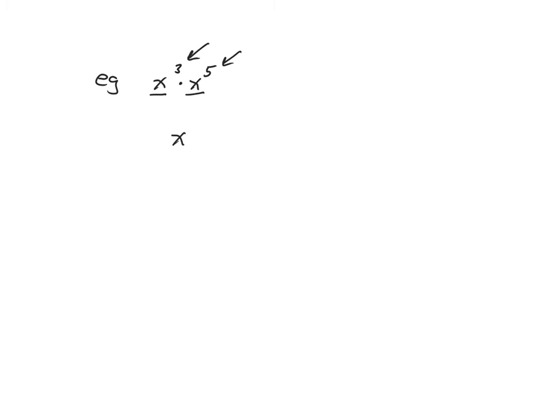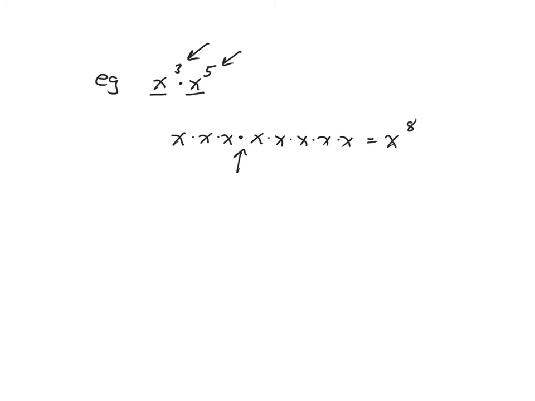Well, what does that mean? Here's my 3 x's being multiplied. Here's my 5 x's being multiplied. And they're being multiplied together. So what does that mean? It means that now we have a total of 8 x's, which is 8 factors of x, or x to the 8.